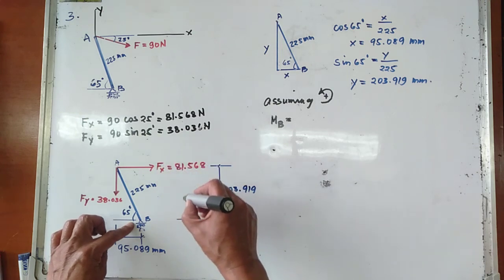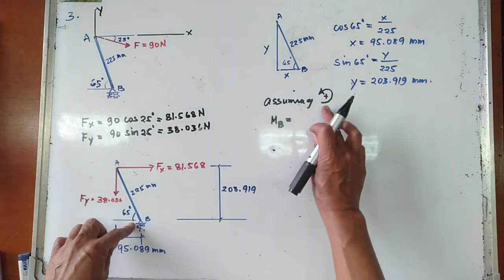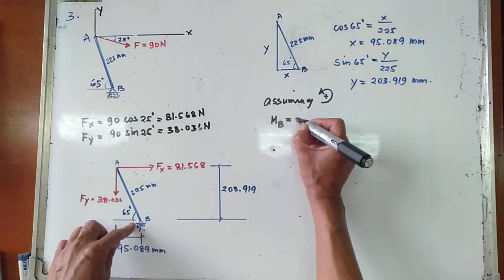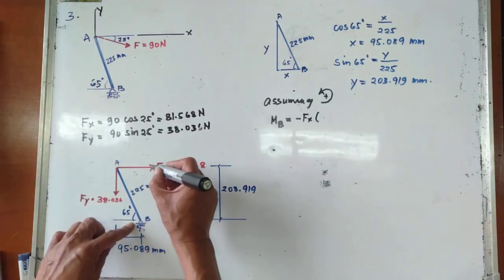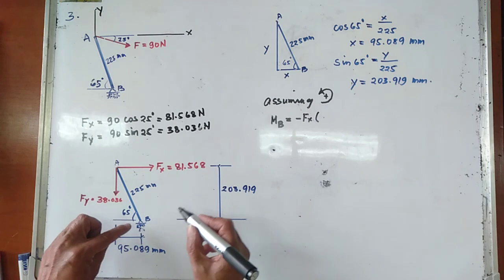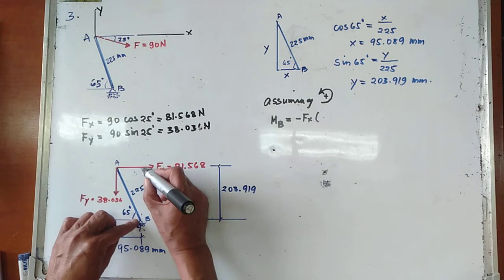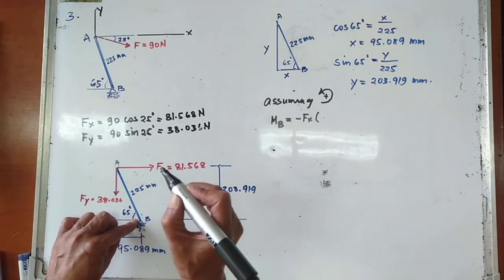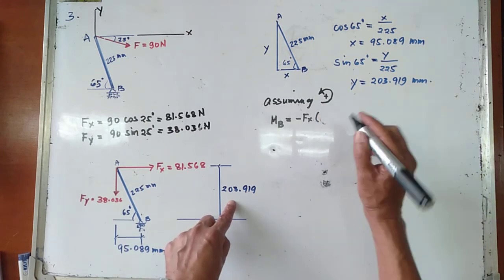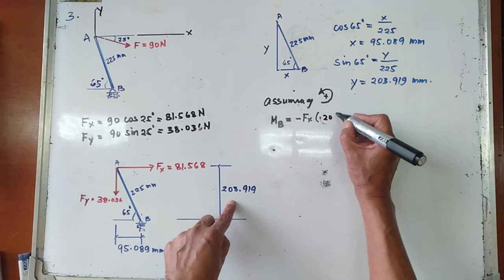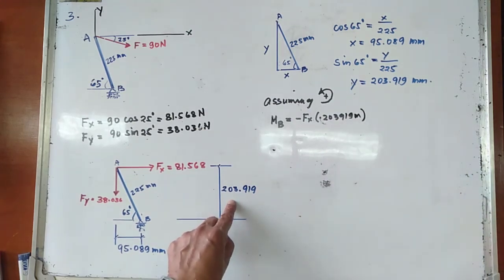Fx is going clockwise about point B, so it is negative since we assume counterclockwise as positive: minus Fx and the moment arm, which is perpendicular to Fx. In meters, this is equal to 0.203919 meter.